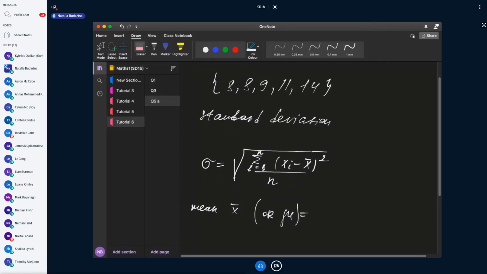Do you use x bar or mu? Mu. So you use mu, because for the population you usually use mu. Okay, mu.